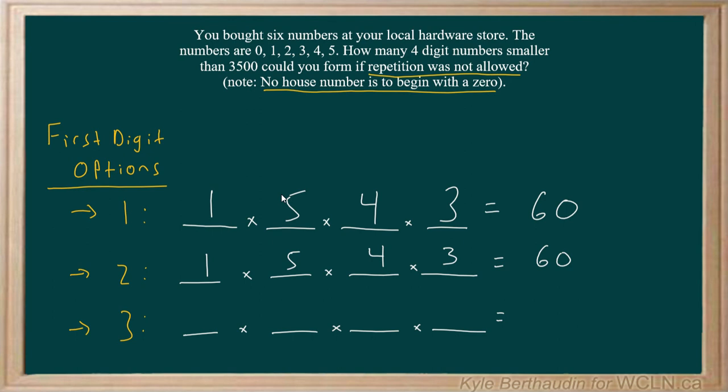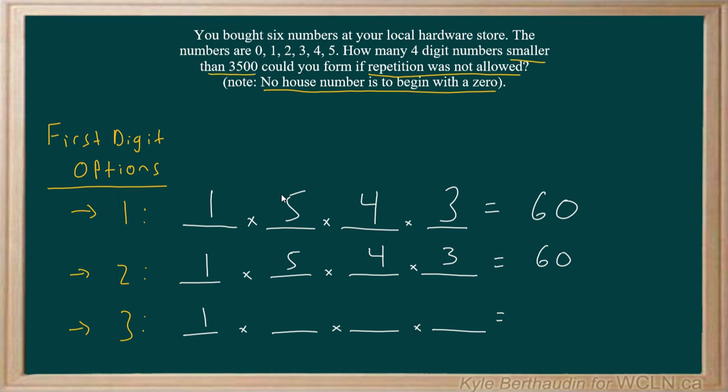Let's look at our final case here. The first digit of our number must be a 3 in this case, so there's one option for that. For our second digit, it can't be a 3, but it also cannot be a 5. And the reason it cannot be a 5 is because the 4-digit number we choose must be smaller than 3,500.